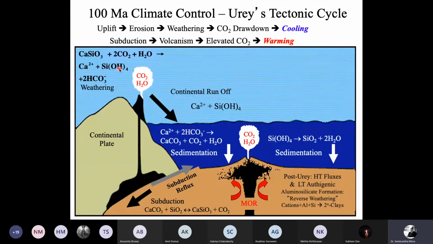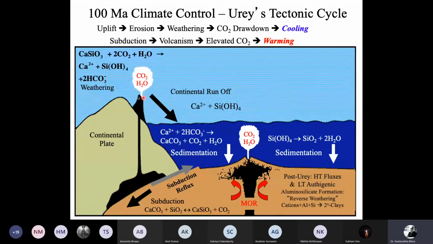These dissolved ions are carried to the ocean as river runoff. In the ocean, some of them partake in biology, some don't partake in biology, and they're sedimented out. The sediment is then subducted, and the subducted sediment is put under a lot of pressure and temperature, and they reform the rocks. And a part of the dissolved ions undergoes this low temperature clay formation.